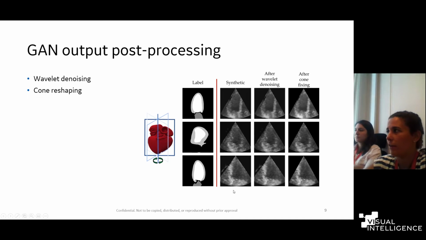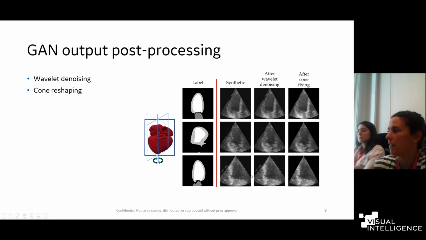But a very common problem when dealing with GANs is the checkerboard artifact, which shows as a checkerboard pattern that is always present on the generated images. And to remove that, I added a denoising step to make that checkerboard pattern less visible.